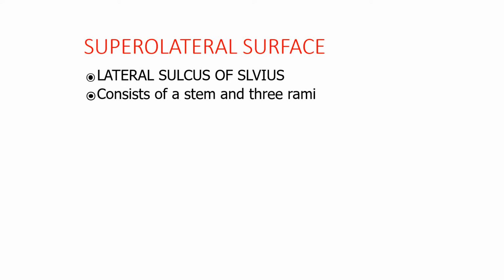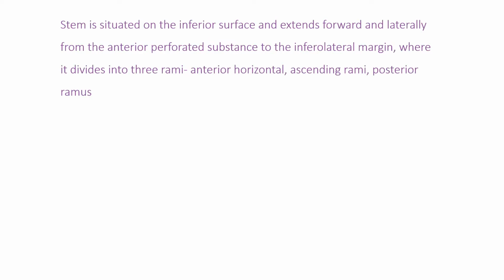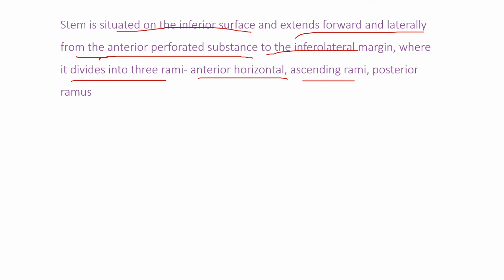Lateral sulcus of Sylvius consists of a stem and three rami. Stem is present on the inferior surface and extends into the superolateral surface. It starts from the anterior perforated substance to the inferolateral margin, where it divides into three rami: anterior horizontal, anterior ascending ramus and posterior ramus. So you have to understand this stem is present in the medial surface, then it reaches the superolateral surface where we have the three rami of this lateral sulcus.